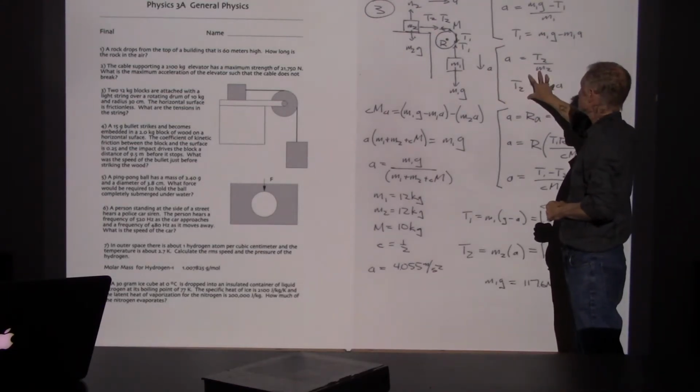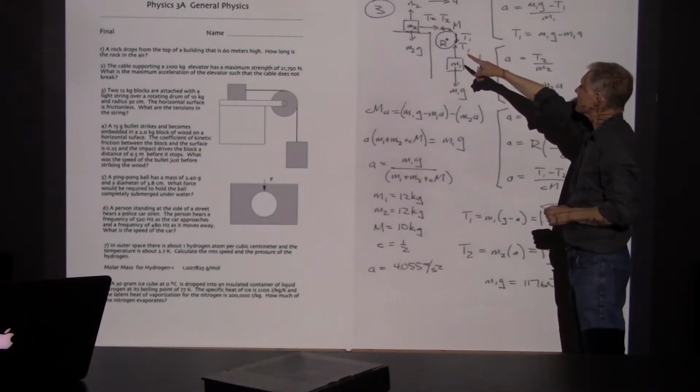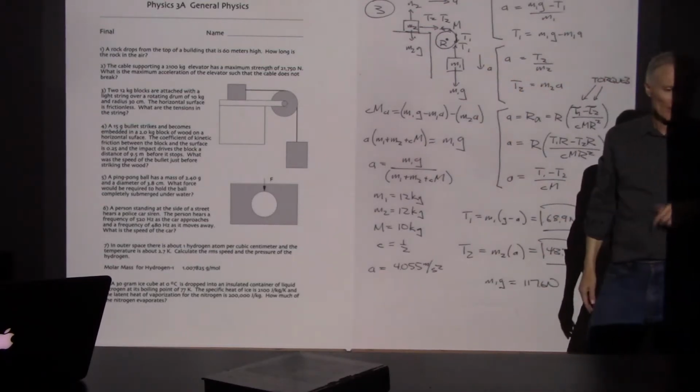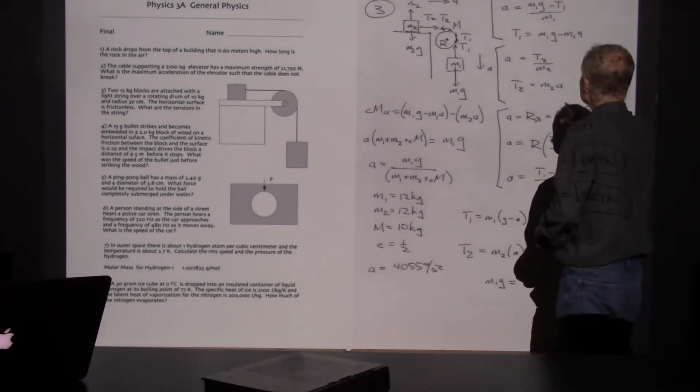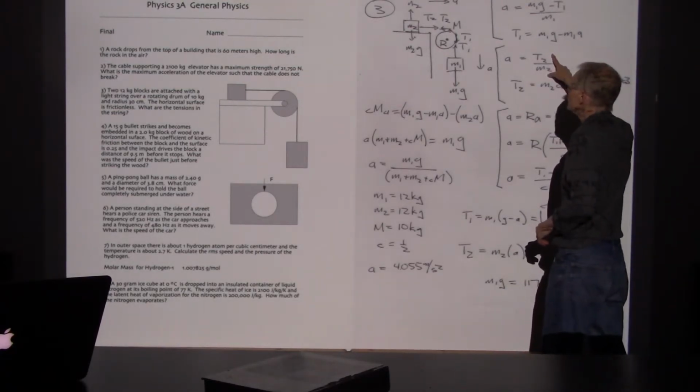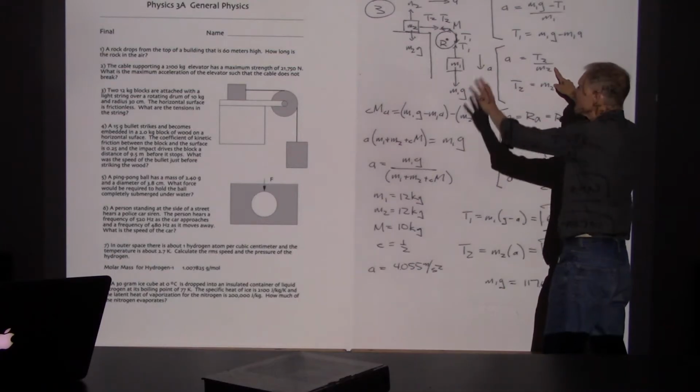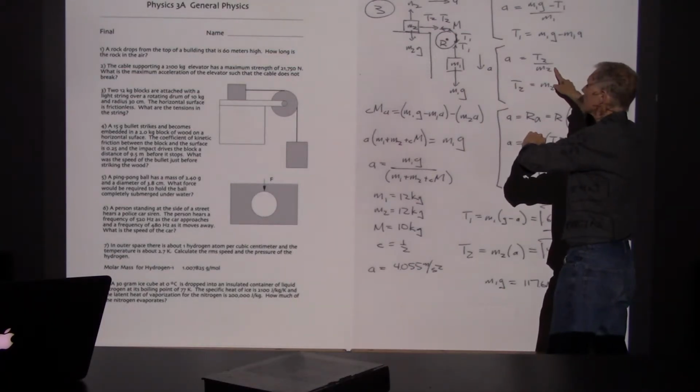Now if I look at object 2, this can't help but accelerate because there's only one force, T2, in the horizontal direction. It's unopposed, there's no friction. So the acceleration here is just the force T2 divided by m2. You can see how all these forces are being identified here.